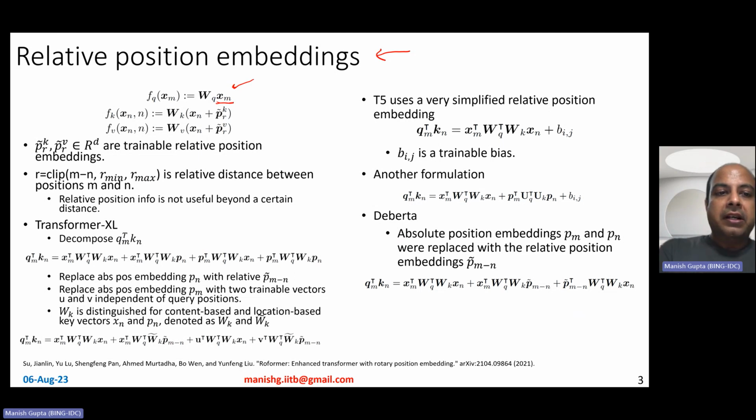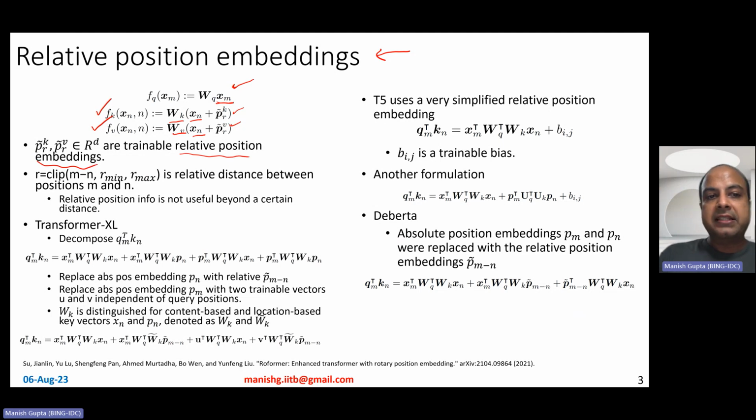Okay. For f_k and f_v, when you're computing the embedding for a key or a value, you of course use the W_k and W_v matrices, but along with the content representation, the token representation, you also have these position representations. However, they say that these position representations are trainable relative position embeddings.